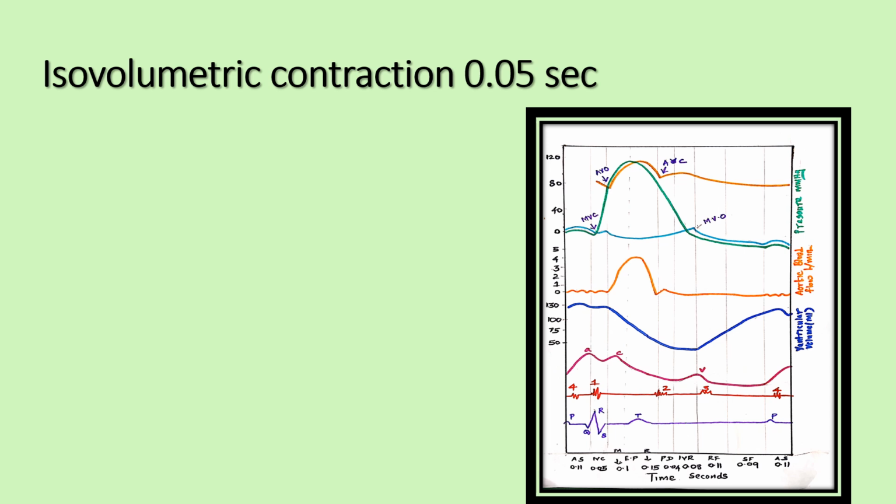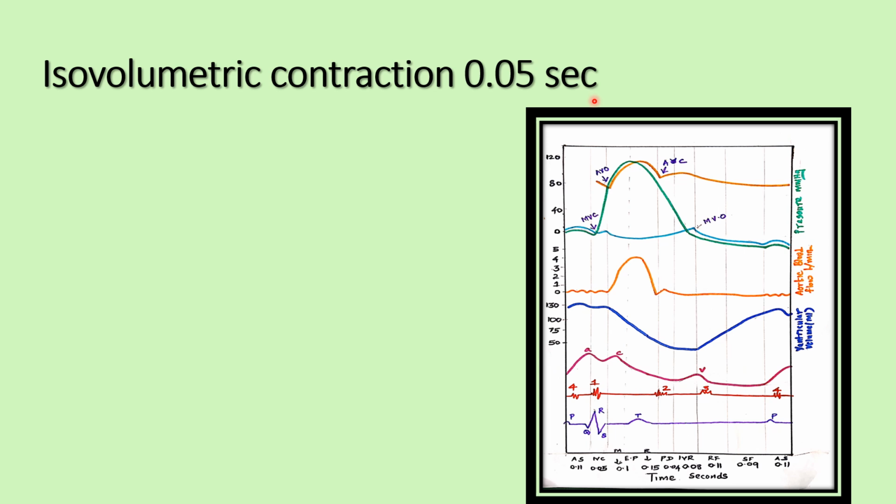Isovolumetric contraction duration is 0.05 seconds. Isovolumetric contraction is the initiation phase of the ventricular systole.